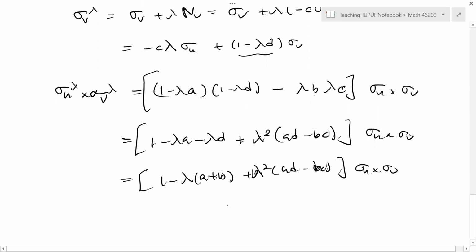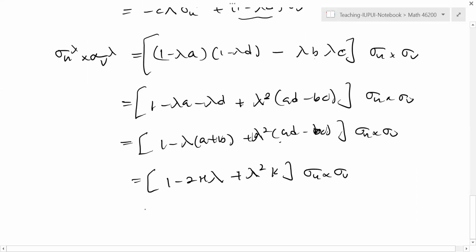So it's 1 minus lambda times A plus D, and you see this will be the curvature. Here's lambda H, plus lambda squared K. Or you can express it in another form: 1 minus K1 lambda times 1 minus K2 lambda.